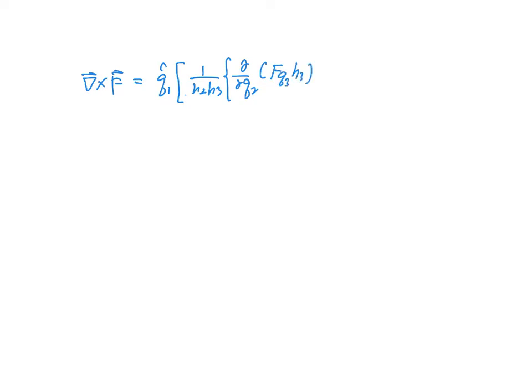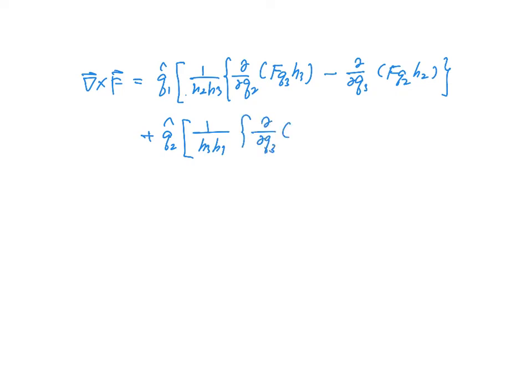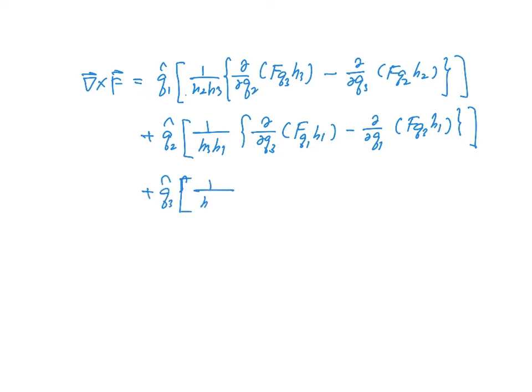FQ3, H3 minus partial Q3, partial FQ2, H2 plus Q2, H3, H1 partial Q3, partial FQ1, H1 minus partial Q1, partial FQ3, H1 plus Q3 that I derived, H1, H2, partial Q1, partial FQ2, H2 minus partial Q2, partial FQ1, H1.